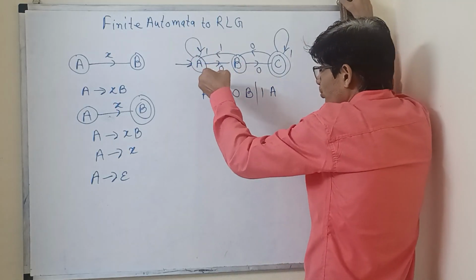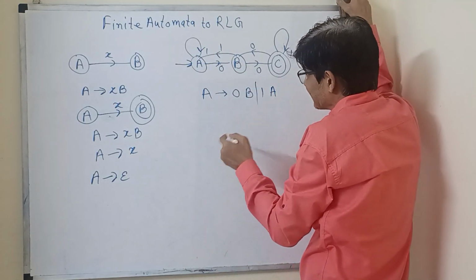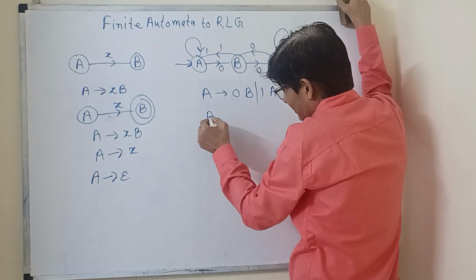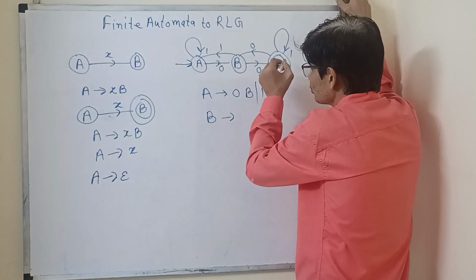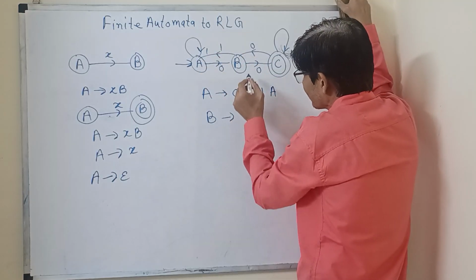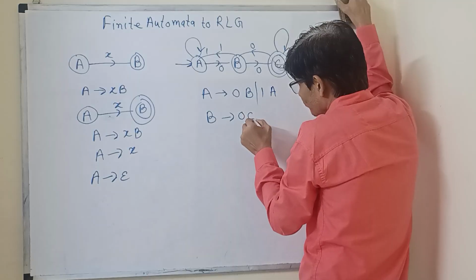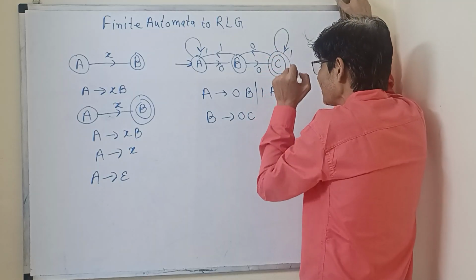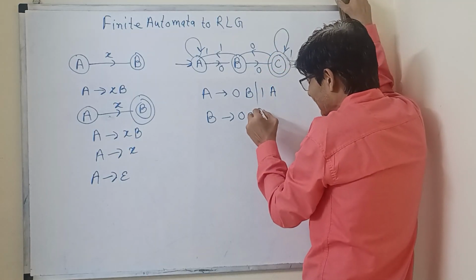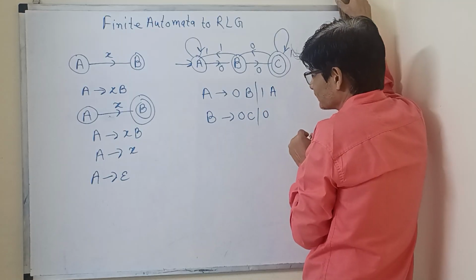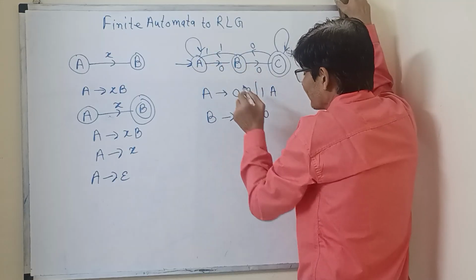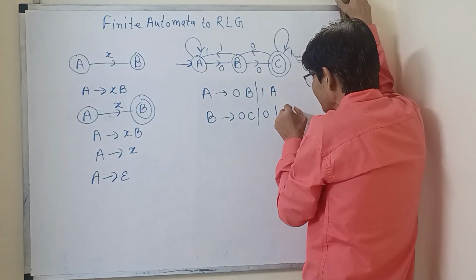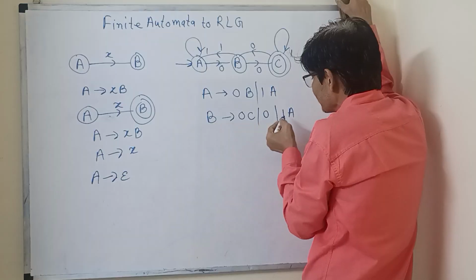Now both transitions of A we have considered, so now we will consider the transitions of B. On B, if we are applying 0, we are moving to C, so I can write 0C, but C is also a final state, so I can write 0 also. And on B, if we are applying 1, we are moving to A, so I can write B gives 1A.